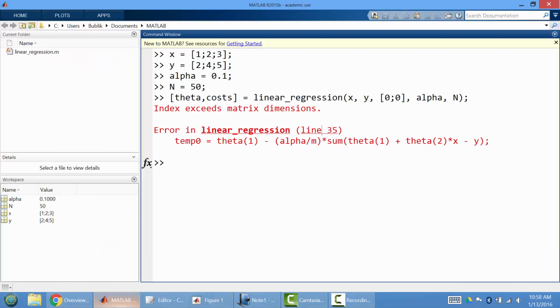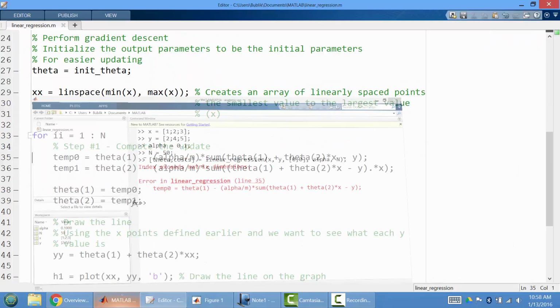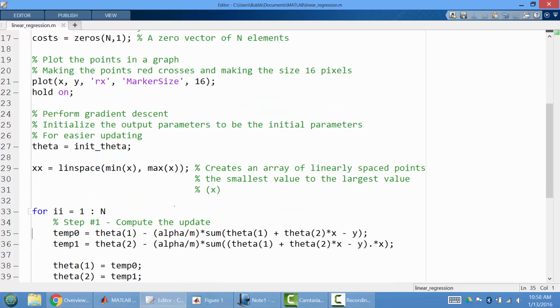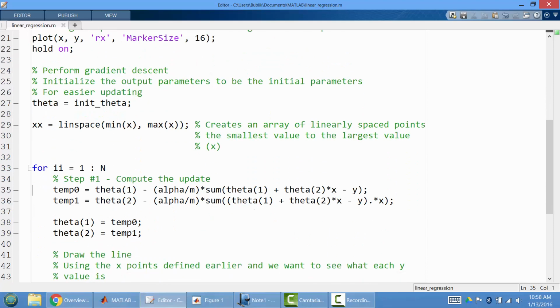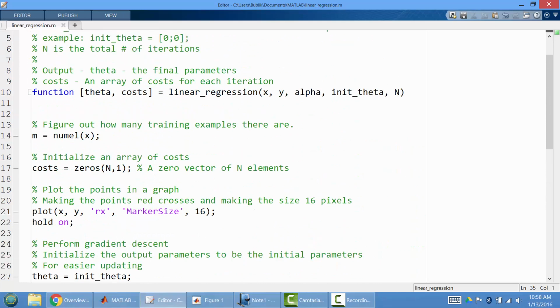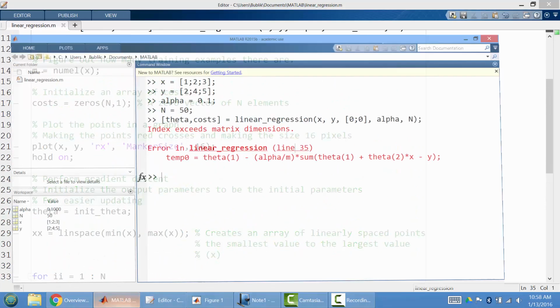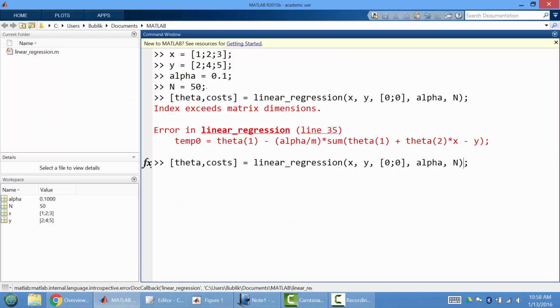Sorry, should work. Index exceeds dimensions. It's supposed to be theta 0 and theta 1. No, it starts indexing at 1, so it should be fine. Oh, okay, that's why. I flipped it. So alpha should be here. And then this is... I can't follow my own code.